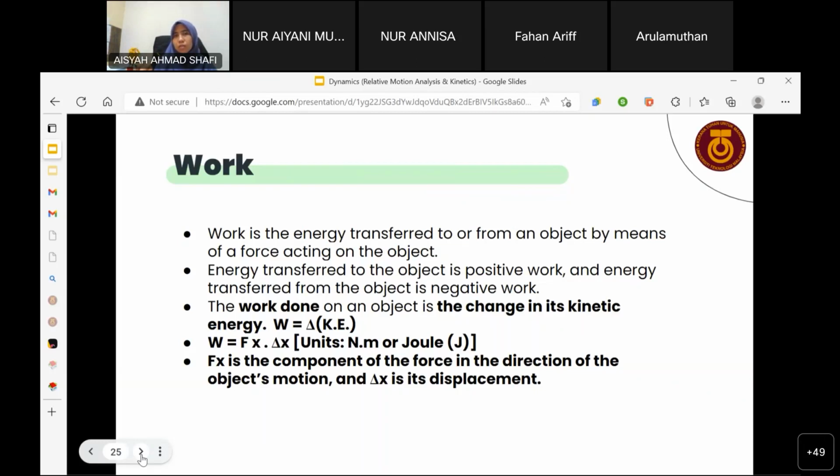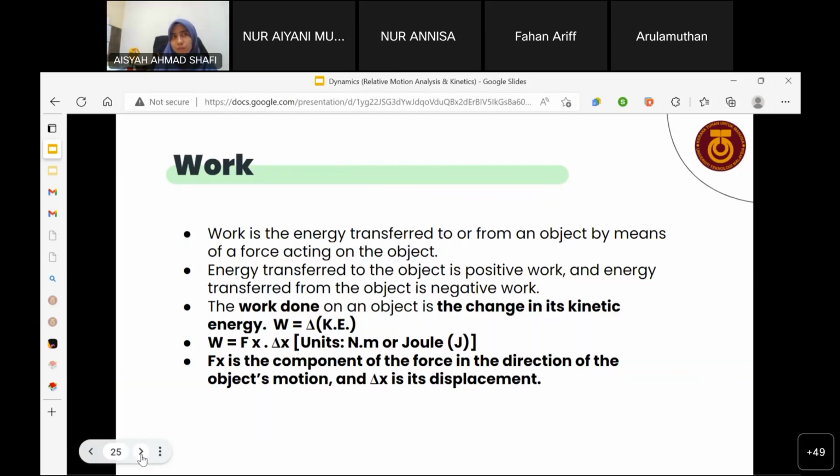And by transferring the energy, work happens.